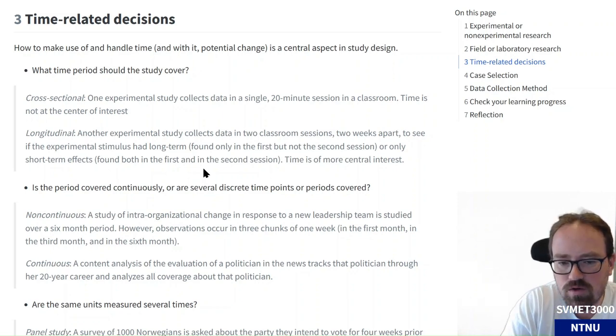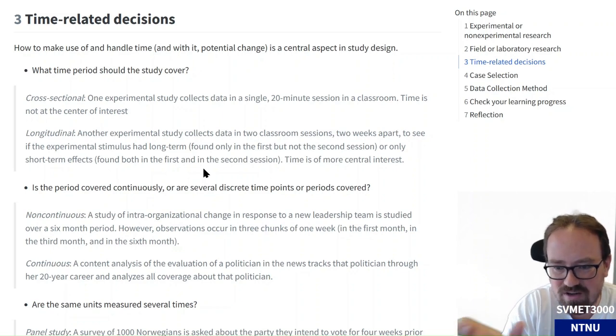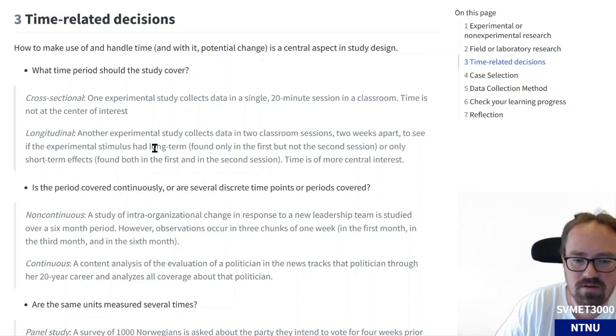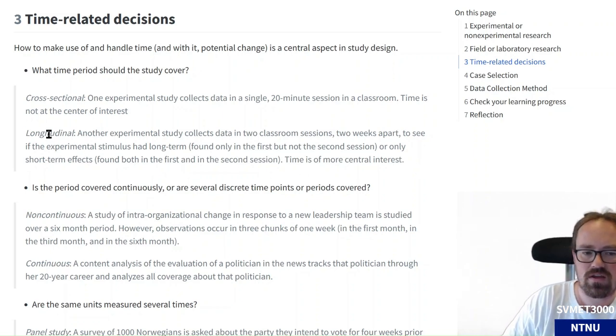So short-term effects would be found only in the first but not the second session, or long-term effects found in both the first and the second session. So time is of central interest here, and that makes it longitudinal.